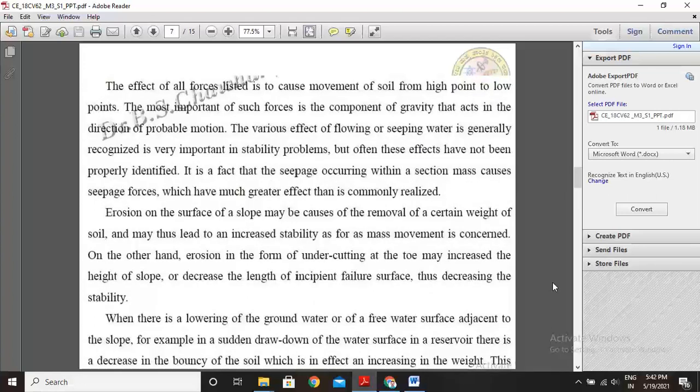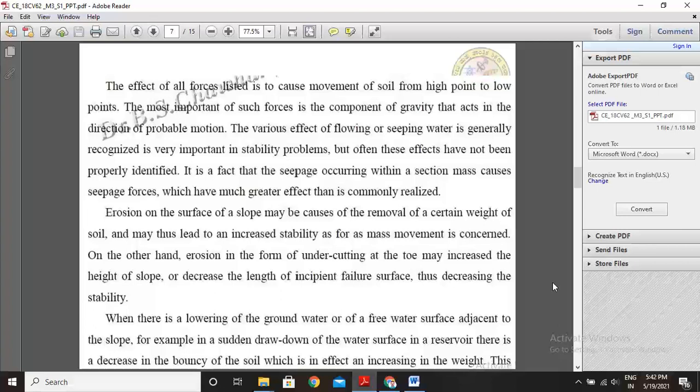The effect of all forces listed is to cause movement of soil from high points to low points. The most important of such forces is the component of gravity that acts in the direction of probable motion.